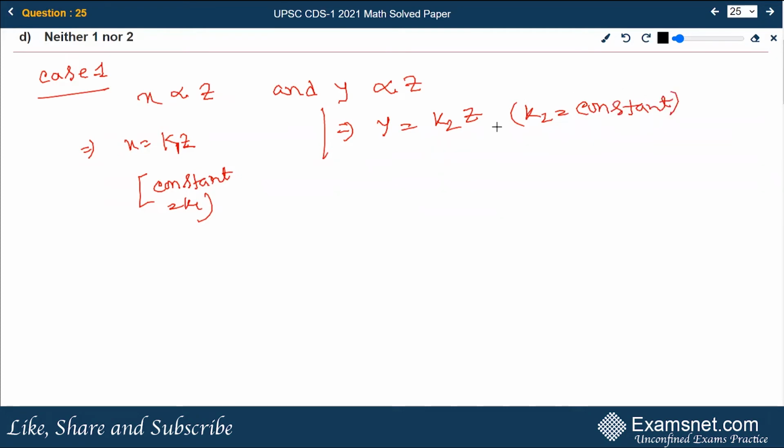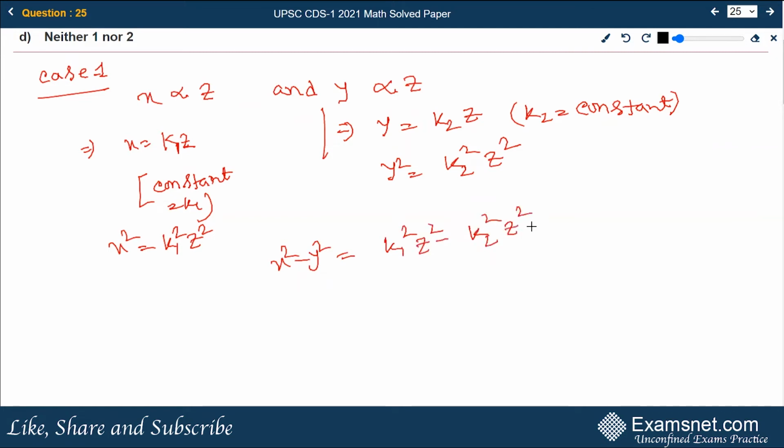Correct. Now let's find the value for x square, k1 square z square, and y square, k2 square z square. Now x square minus y square will give us k1 square z square minus k2 square z square. So after taking z square common, it is k1 square minus k2 square.